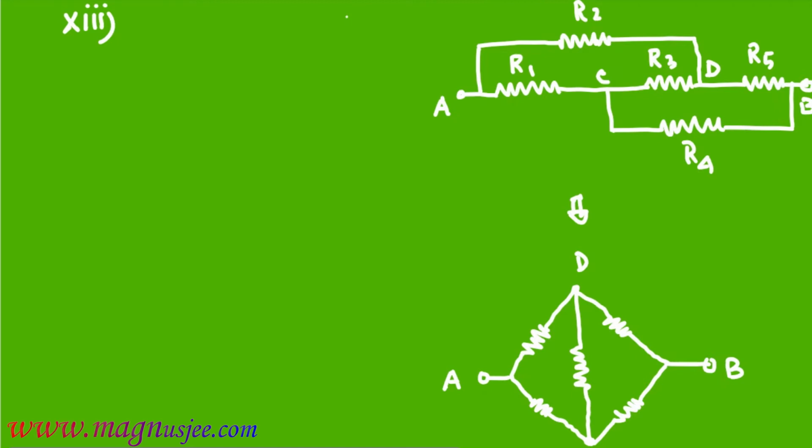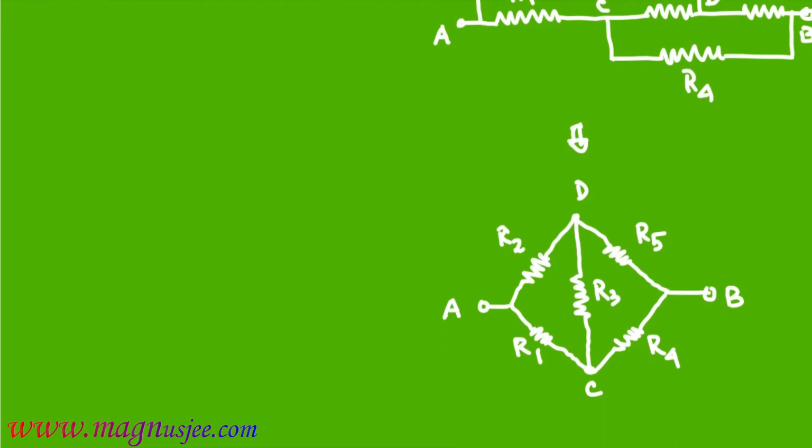In this case, in the circuit diagram, the 2 points D and C will be pulled or stretched, and this resistance is R3 between the 2 points D and C, and this is R1 between the 2 points A and C, and between the points C and B we have the fourth resistance R4.